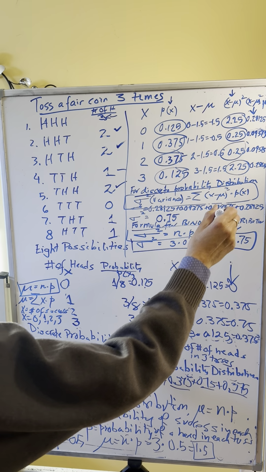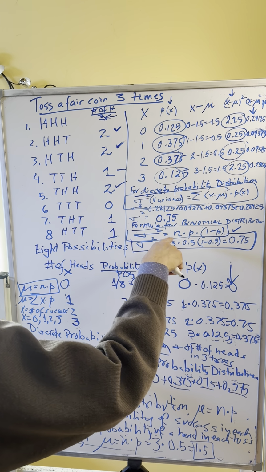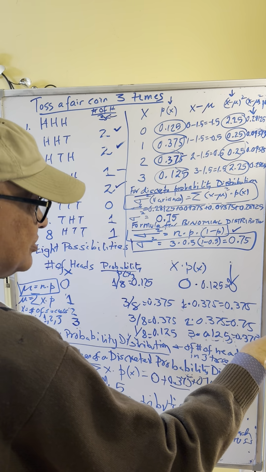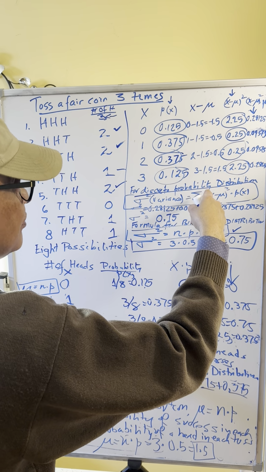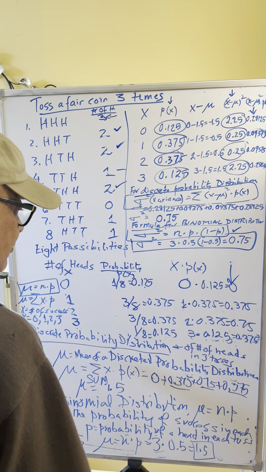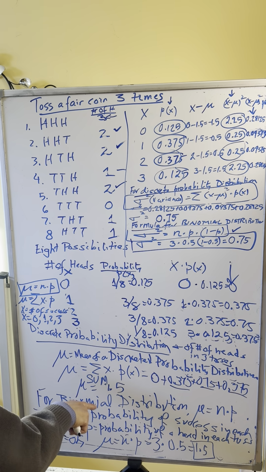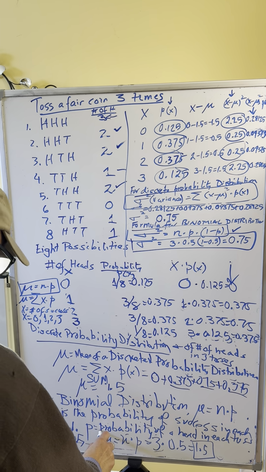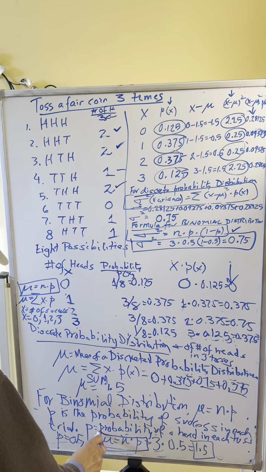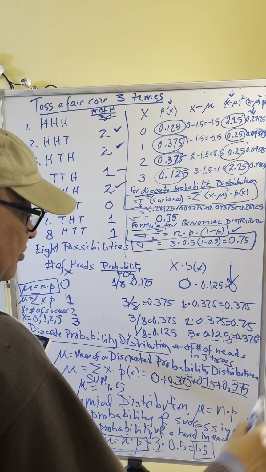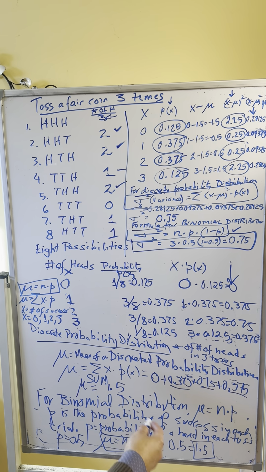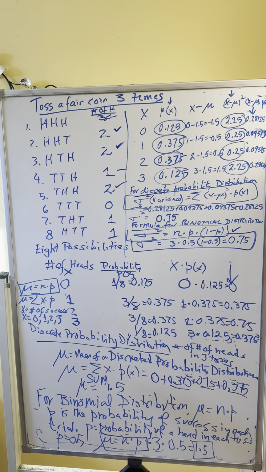So here we established how the formula for the variance of the binomial distribution comes from the formula for the discrete probability distribution variance. Similarly, the mean of the binomial probability distribution, which is given as mu is equal to n times p, where p is the probability of success, can also be established from the mean formula for the discrete probability distribution.